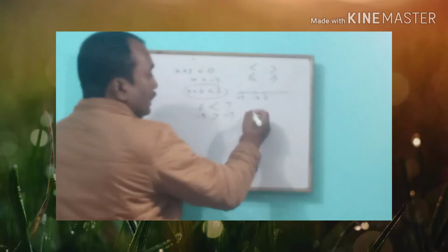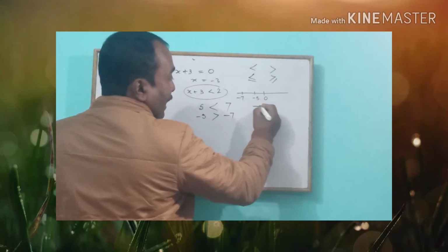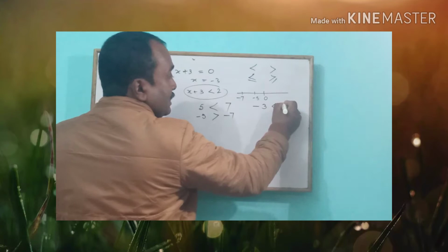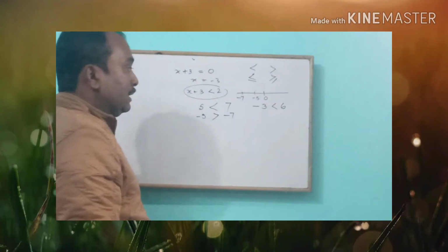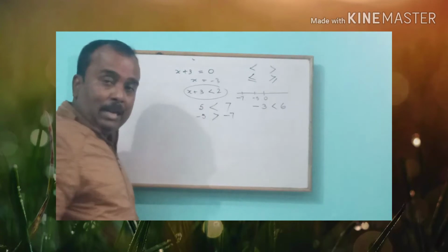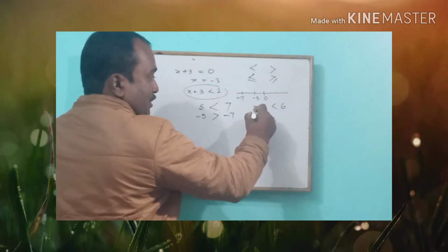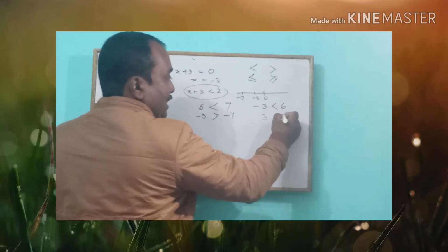Or else, let us take another example. Say minus 3 is less than 6. It is a very true fact that a negative number is always less than a positive number. If I change the sign on both sides, that means minus 3 I make plus 3 and 6 I make minus 6.